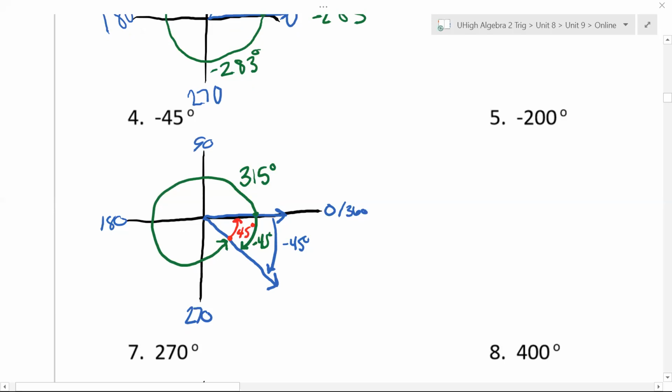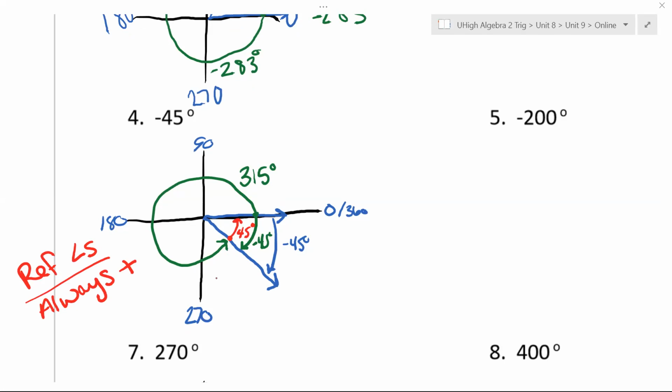With reference angles, we want to keep in mind that we're always going to have those be positive. So even if we were to go counterclockwise or clockwise, either direction, we're going to consider that a positive angle.